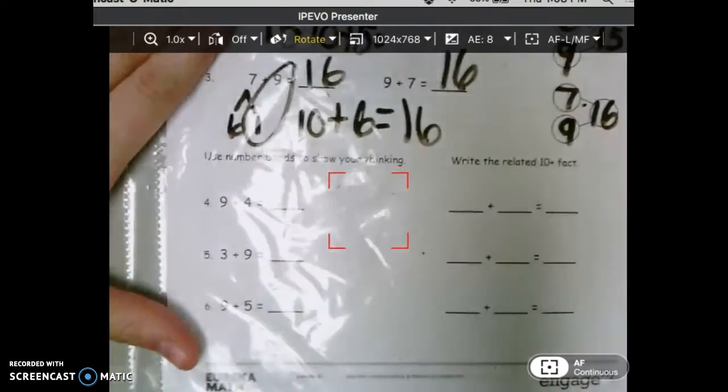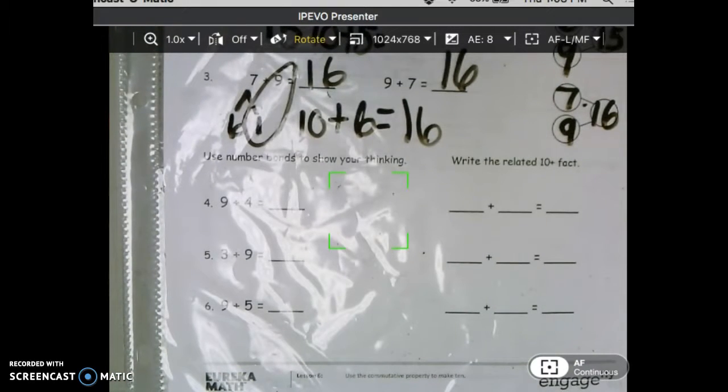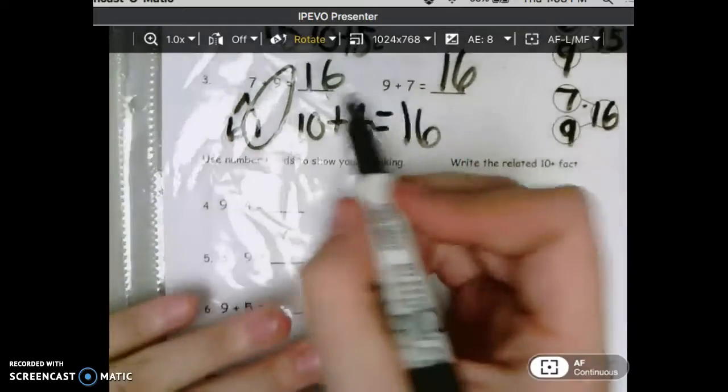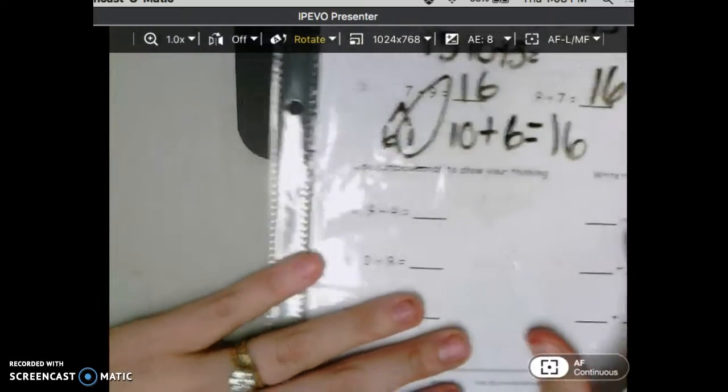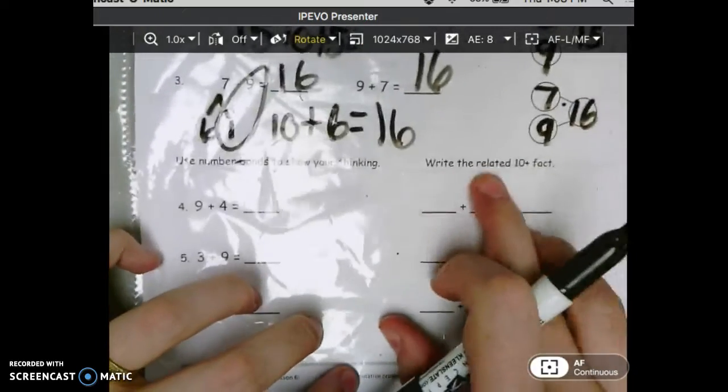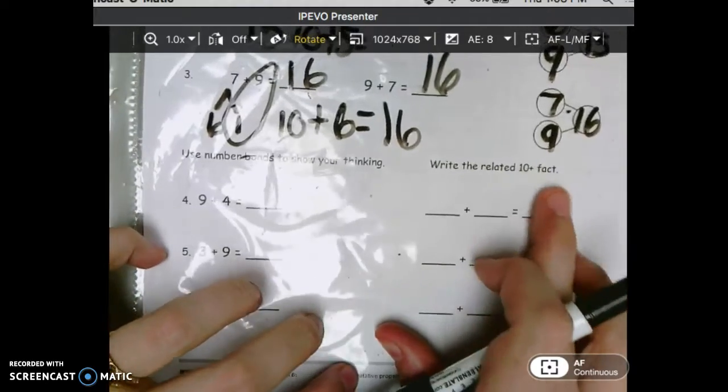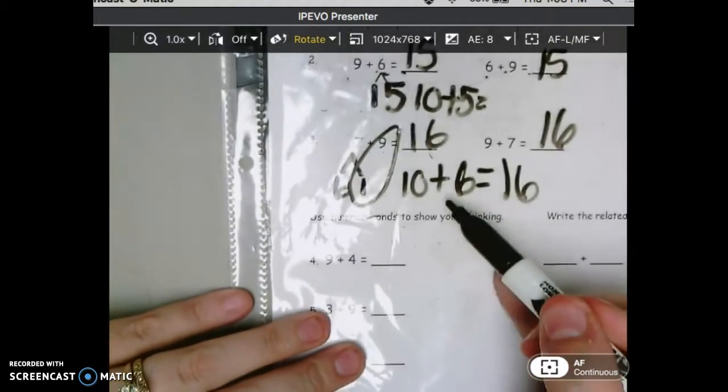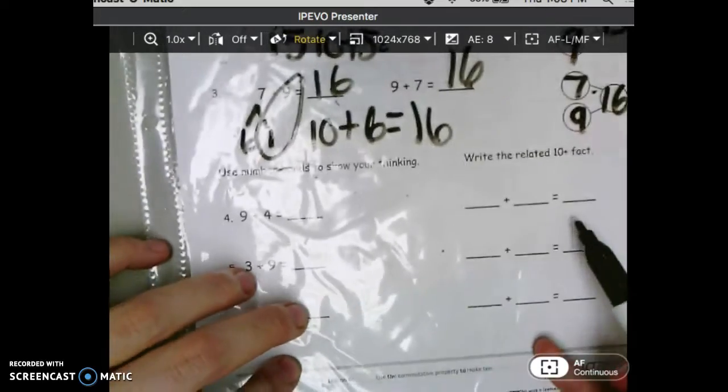Let's read the instructions. It says, use number bonds to show your thinking. Write a related 10 plus fact. So instead of writing it under, we're just going to write it over here.